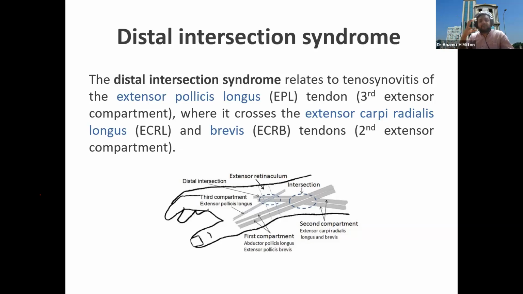So you can remember it numerically: one is the first, and second and third is the third. So the second is common for both first and third. When the second crosses the first compartment, it is considered proximal, and when the second crosses the third compartment, it is considered distal intersection syndrome. So it is very near to the wrist joint and very near to the Lister tubercle. Okay.